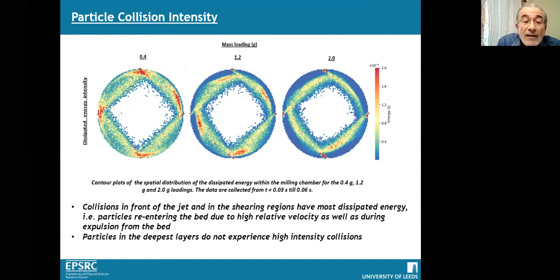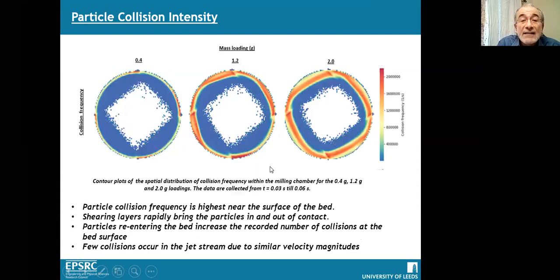So interestingly, particles in the deepest layer do not experience high intensity collisions. Only what goes on is particles being splashed out of the jet, landing in front of the jet near the next nozzle, and of course the particles which are on the surface. So that's the collision intensity.